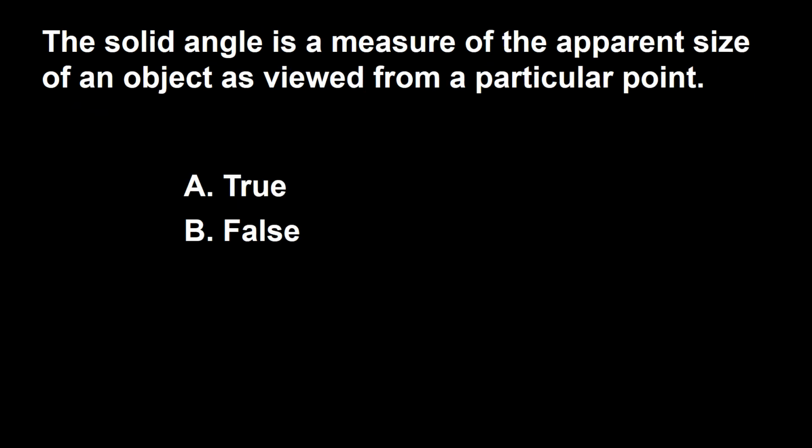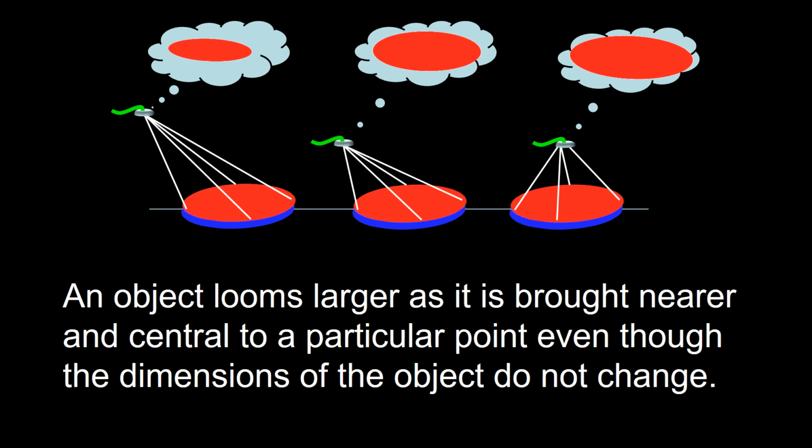Next question. The solid angle is a measure of the apparent size of an object as viewed from a particular point. A true, B false. An object looms larger as it is brought nearer and central to a particular point, even though the dimensions of the object do not change.